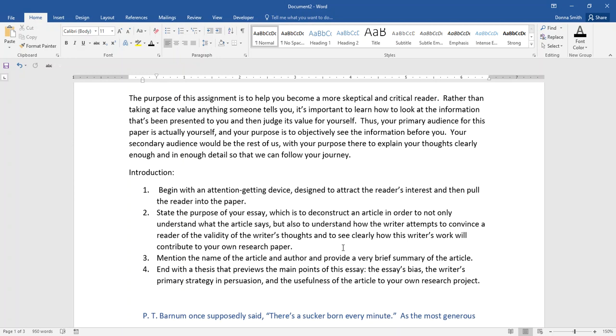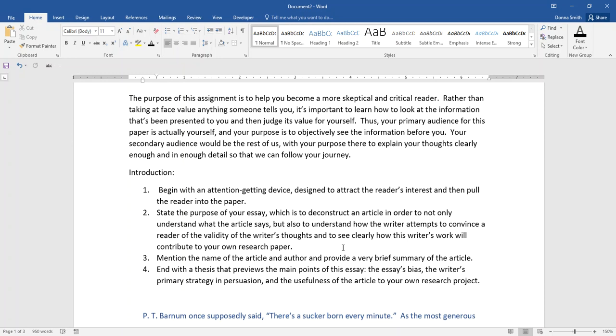Two or three sentences at most. And then the final thing you'll do is the thing you always do. You end the paragraph with a thesis that tells the reader what you're going to talk about in this essay.